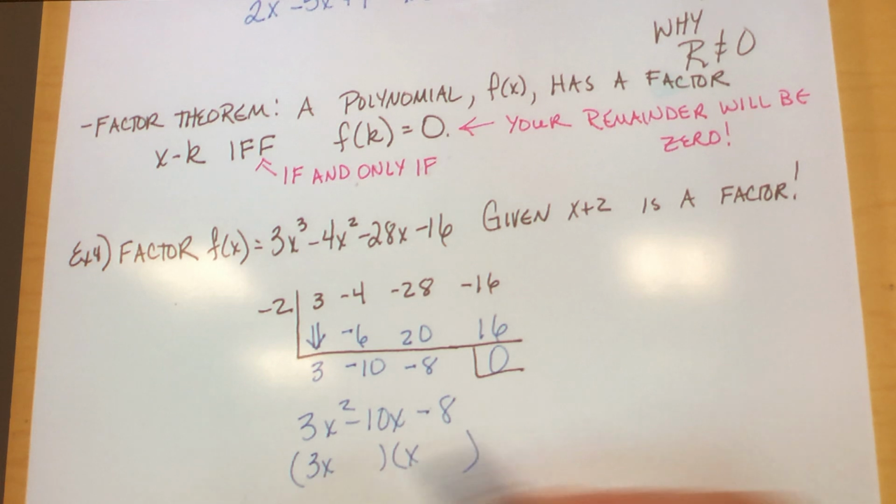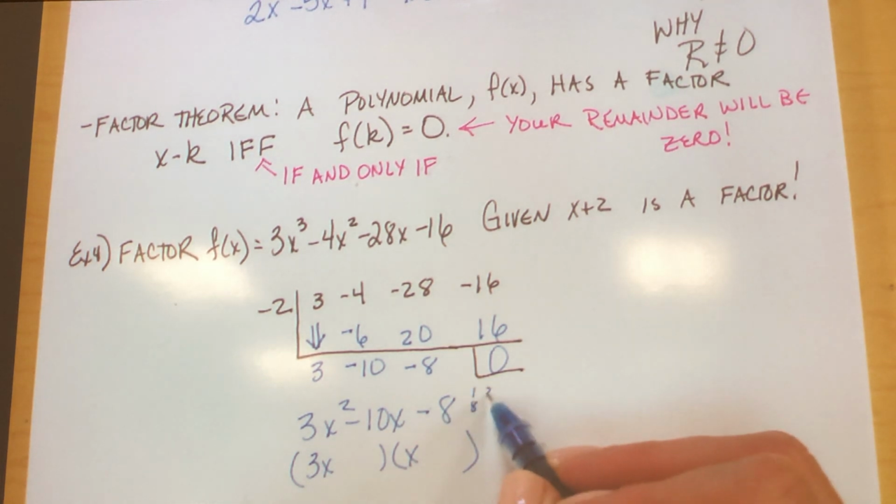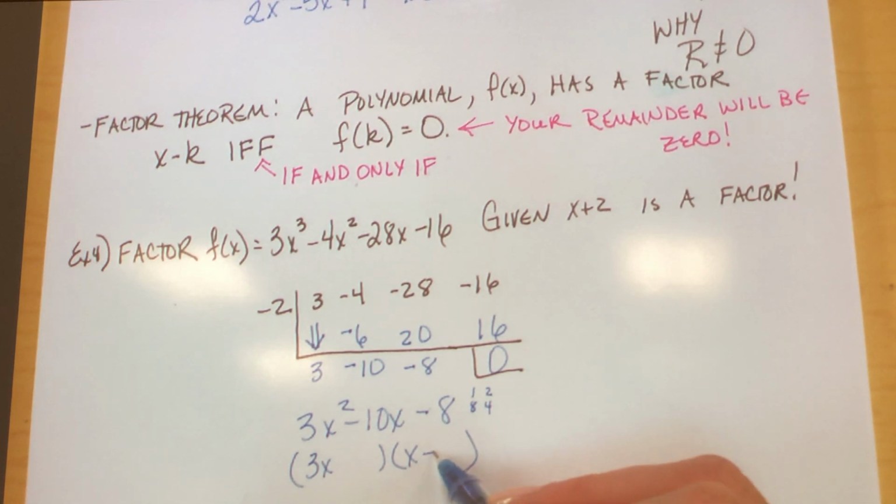I know they have unlike signs, and the factors of 8 are 1 and 8 and 2 and 4. 4 times 3 is 12, and 2 times 1 is 2, so I need to subtract those. So I want a negative 12, so I'll put my negative 4 there, and my positive 2 here.